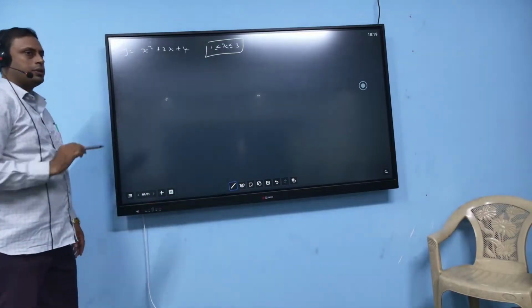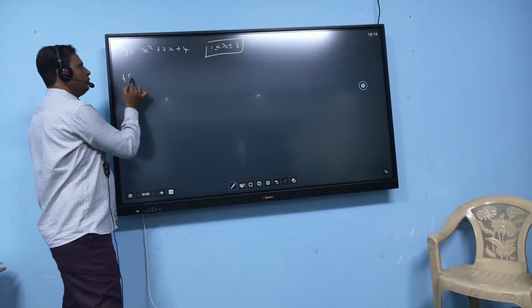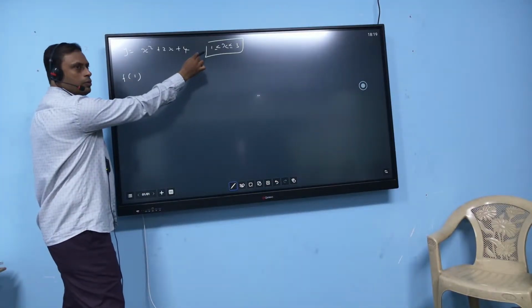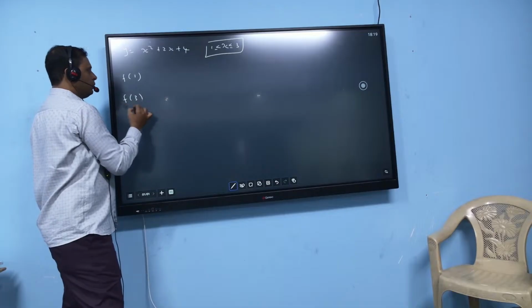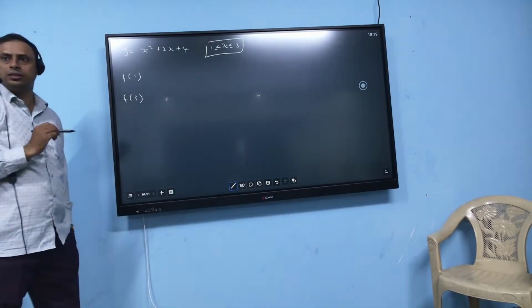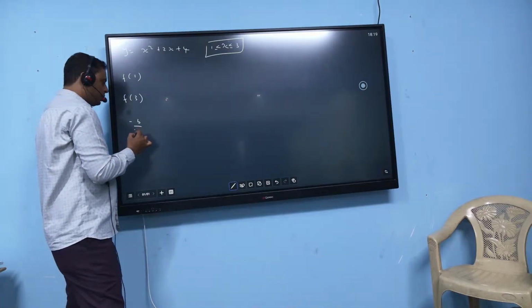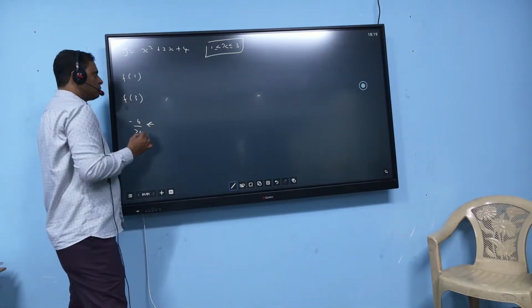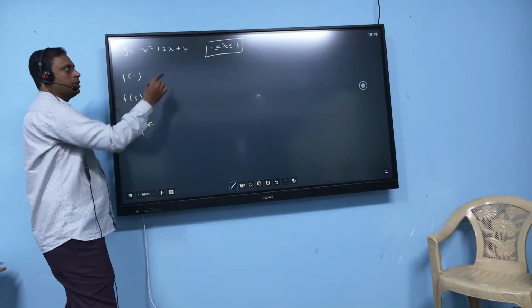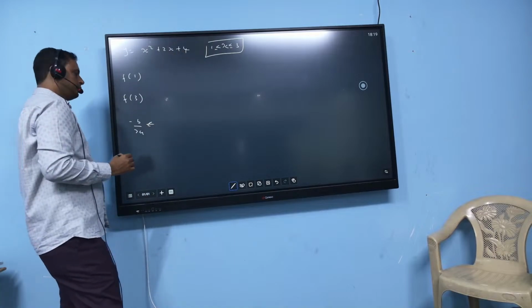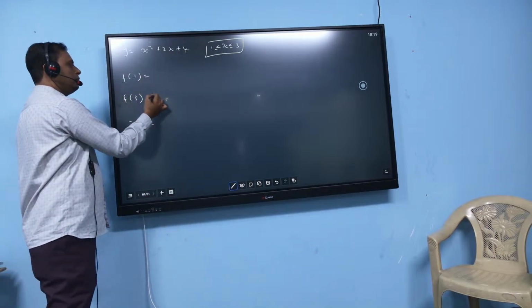First find out the value of the function at 1, minimum value, maximum value. So this will become very easy, no? But the condition is you have to check whether minus b by 2a belongs to between these two or not, between 1 to 3. First find out the value of f of 1.